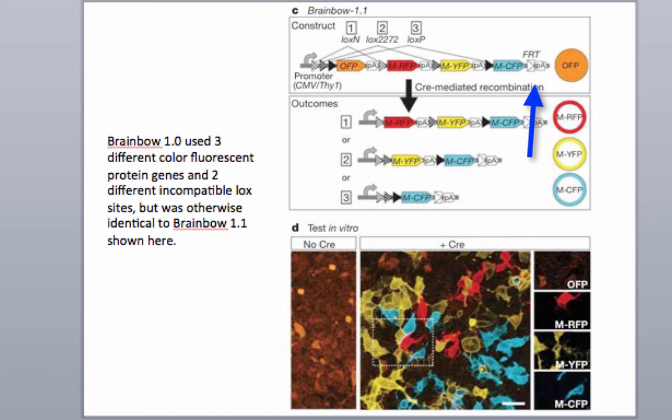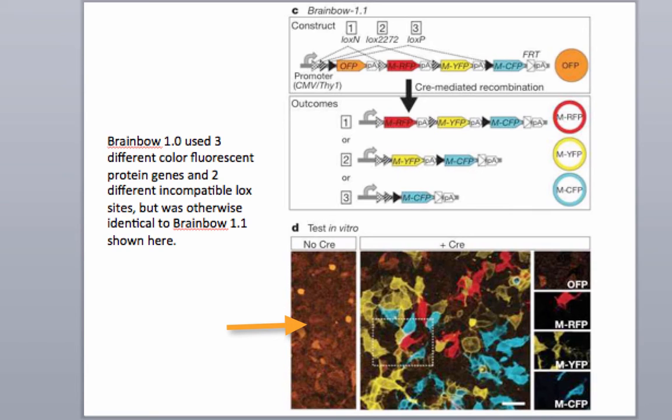Now, in the absence of Cre enzyme, whatever protein gene is closest to the promoter is translated into a protein. So cells without Cre express the orange fluorescent protein as shown in the bottom left diagram.